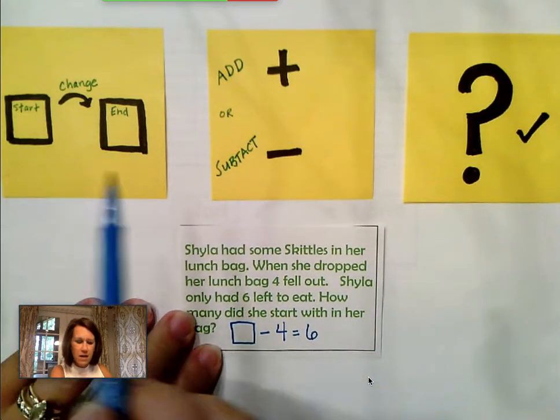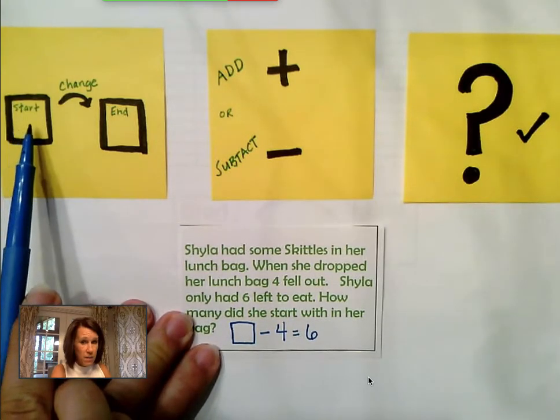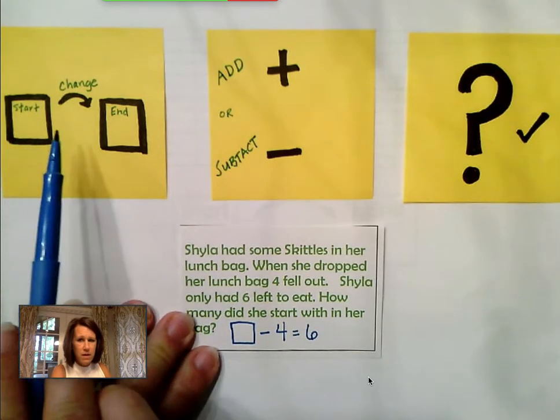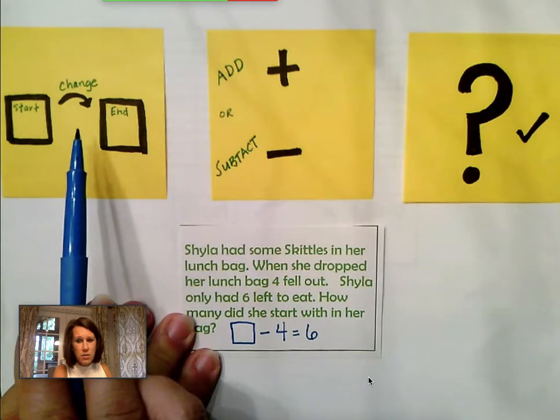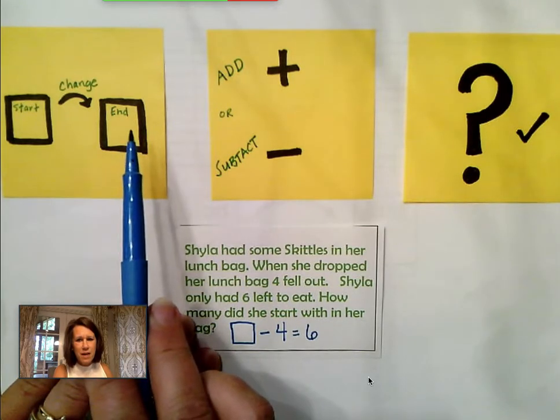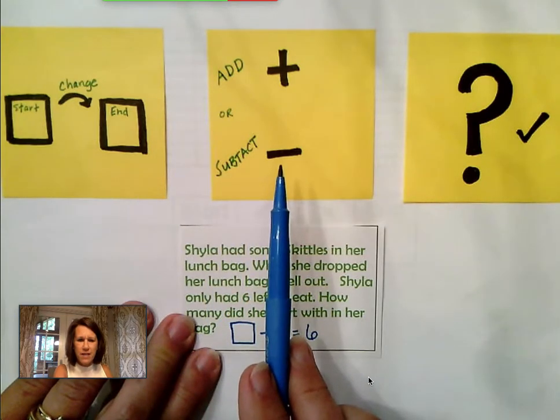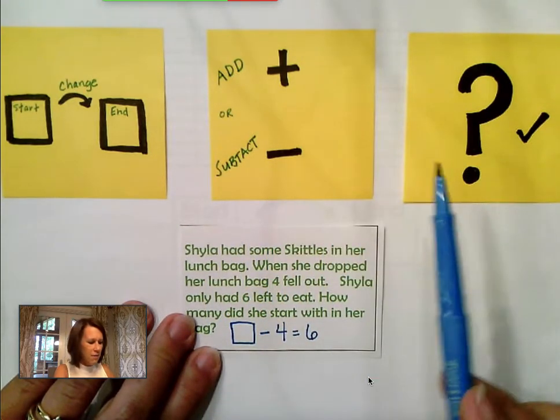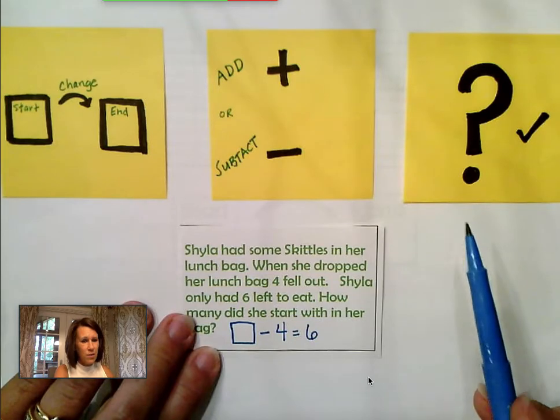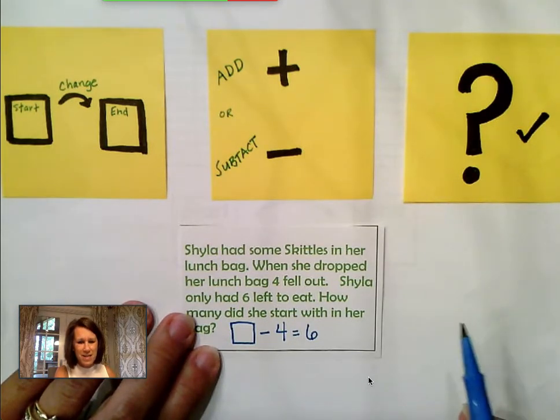We don't know how many she started with. She dropped and it changed by 4 and she ended up with 6. Some were taken away, so we subtracted, and now we have to figure out how to answer that question and make sure it makes sense.